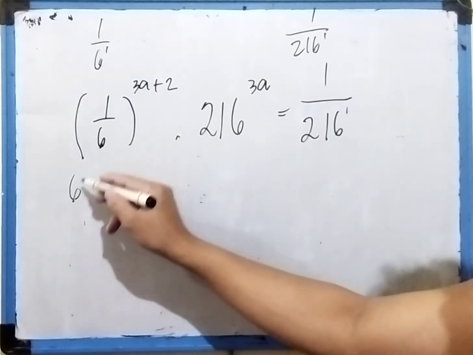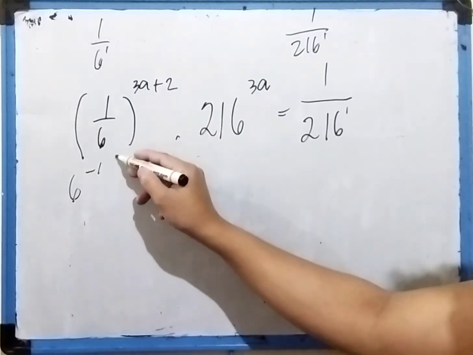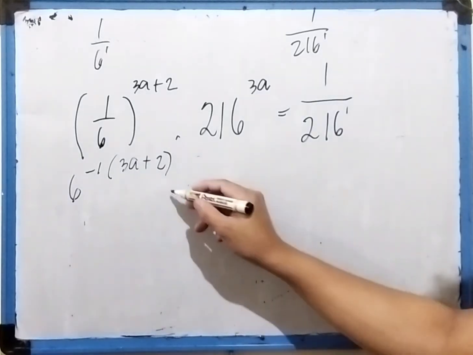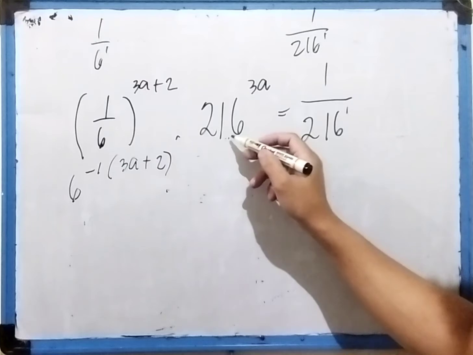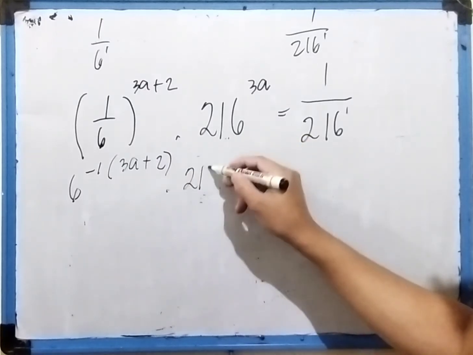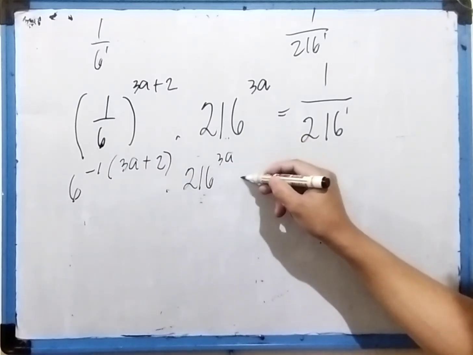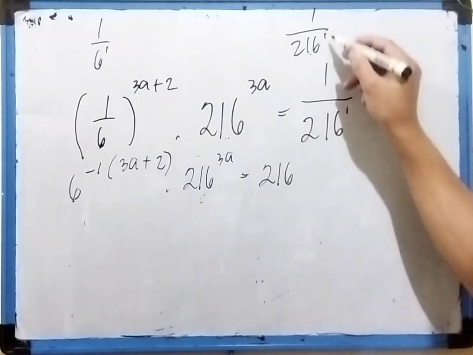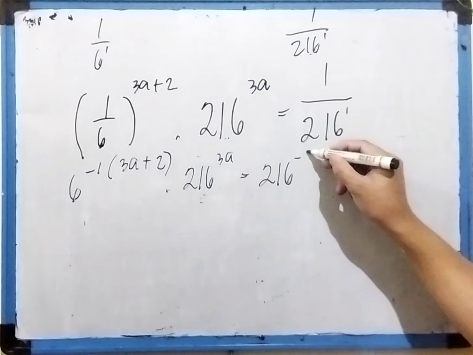Magiging 6 raised to negative 1 times 3a plus 2 times, since 216 ito, copyhin muna natin 3a, then equal to 216 raised to, angat lang natin, this is negative 1.